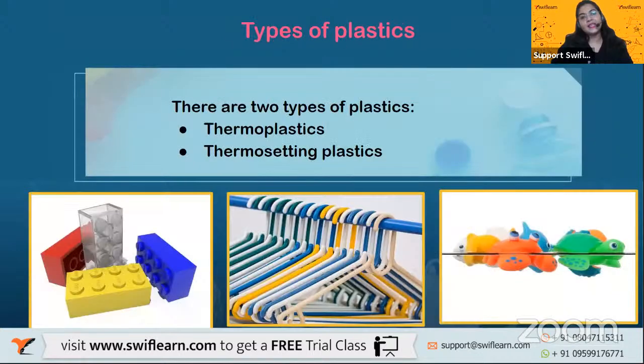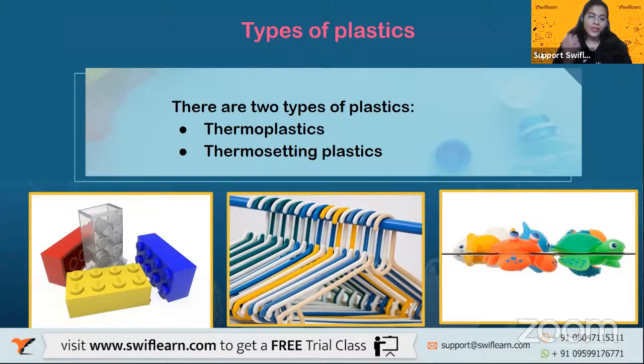Chalo. Let's study the types of plastics now. How can I differentiate plastic into different types? Have you ever seen that if you put hot water in a plastic container or a plastic bottle, it starts deforming? Why does it happen? There must be some bending property of this plastic. है ना?